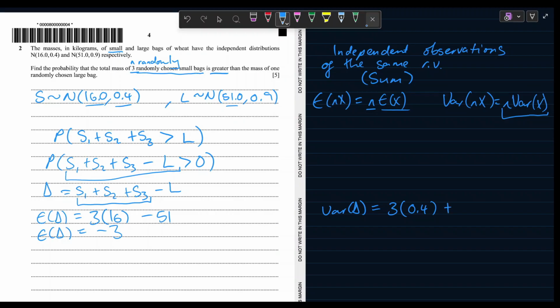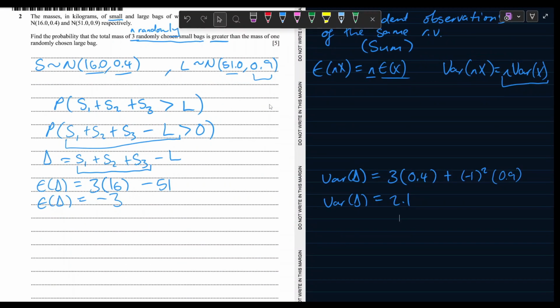So even though it says minus L, we are going to add, because at the end of the day, it's just negative 1 squared times the variance, which is 0.9. So Var(D) is equal to 3 times 0.4 plus (-1) squared times 0.9, and this gives us 2.1.